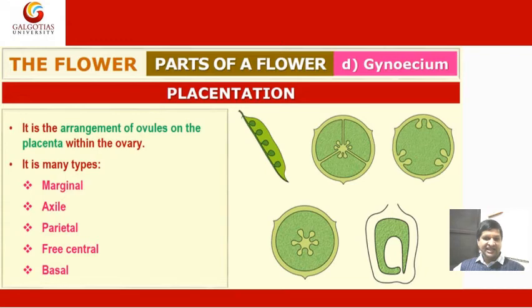Placentation. It is the arrangement of ovules on the placenta within the ovary. It is of many types. First, marginal, second, axial, third, parietal, fourth, free central, fifth, basal.